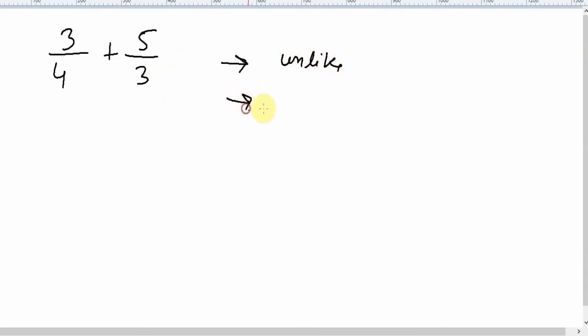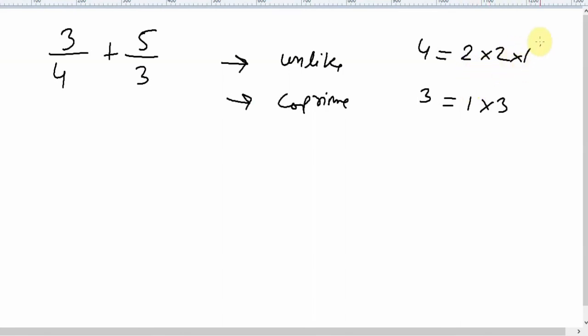Second thing, whether they are co-prime, yes they are co-prime. What do you mean by co-prime? If we find the factors of 4, 2 into 2, factors of 3, 1 into 3, if you find anything common, nothing common. We can see only 1 is common.